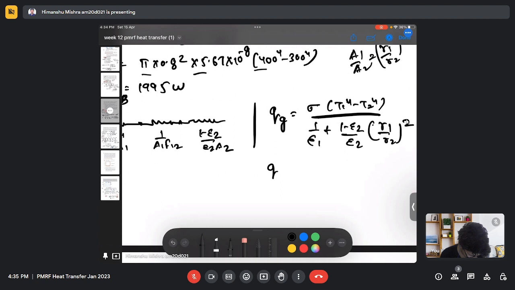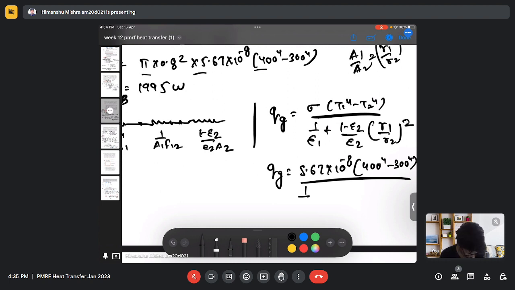So for the gray surface, this is my surface 1 emissivity, and this is surface 2.